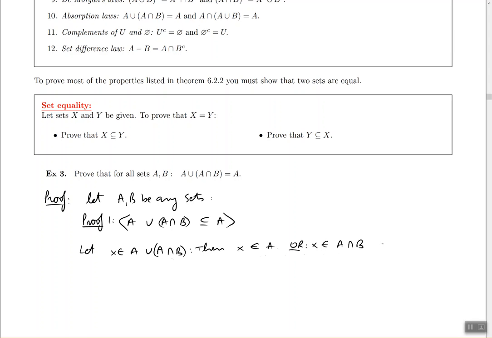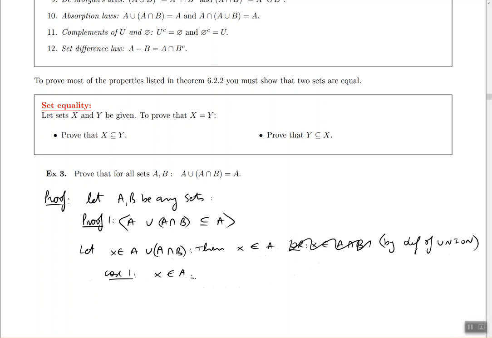This is because of the definition of union. And since I don't know whether it came from the first set or the second set, I have to do case 1, case 2. So case 1, if the element X came from A, but not from the other one. So basically pretend like this one doesn't exist and show that the proof will still be true.